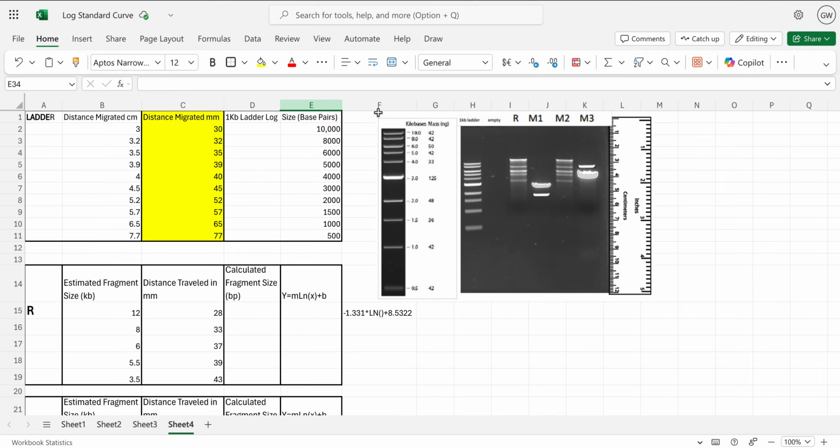Okay, so for our first thing that we're doing, we're making a log standard curve with our ladder, which is right here. This is the blown up version of this right here. If we look at that very top one, we know that that is 10,000 or 10 kilobases, 8 kilobases, 6, 5, 4, 3, 2, 1.5, 1, and 500.